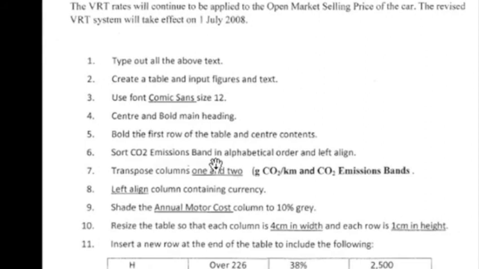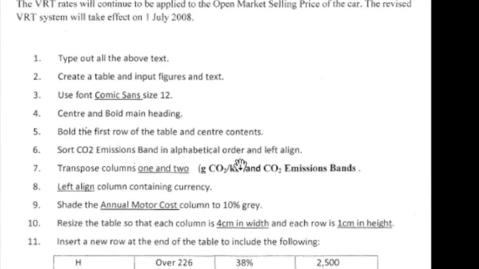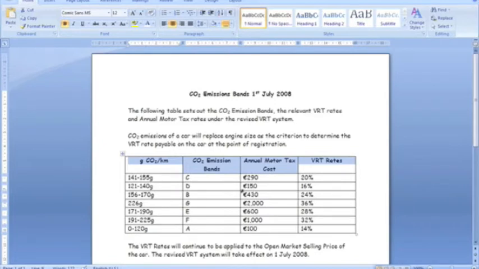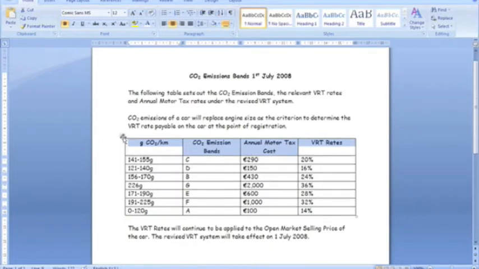Sort CO2 emissions band in alphabetical order and left align. So we'll highlight all the data in the table and we want to sort by CO2 emissions band.